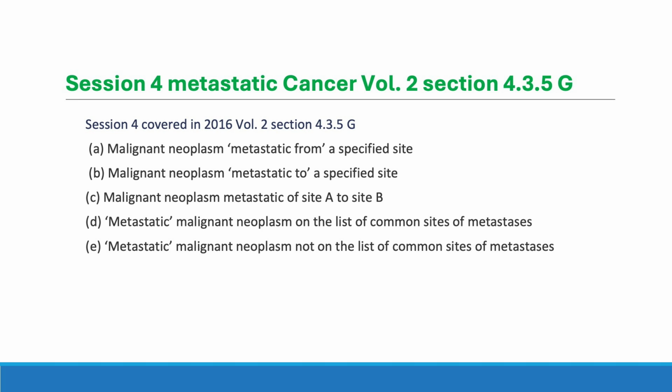Session 4, covered in 2016 Volume 2, Section 435G, focuses on metastatic cancer coding. It outlines 5 specific scenarios involving malignant neoplasms, including those metastatic from one or 2 specified sites, metastasis between 2 sites, and metastatic neoplasm on or not on the list of common metastasis sites.